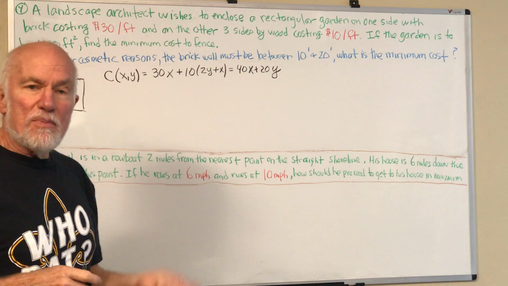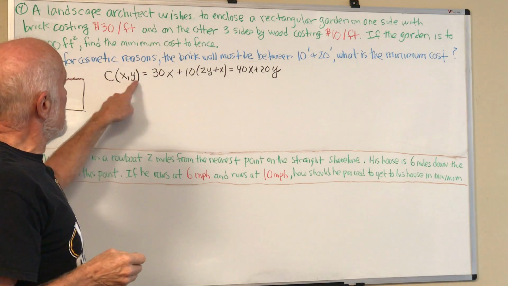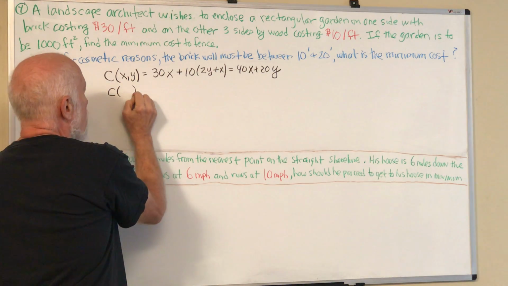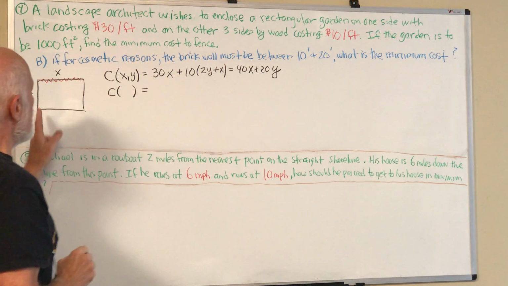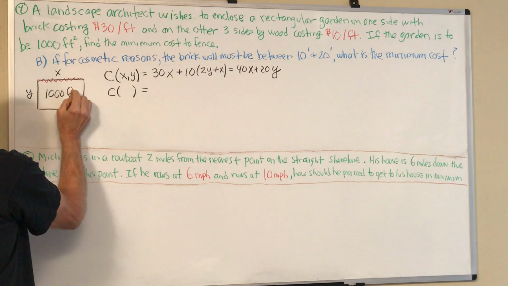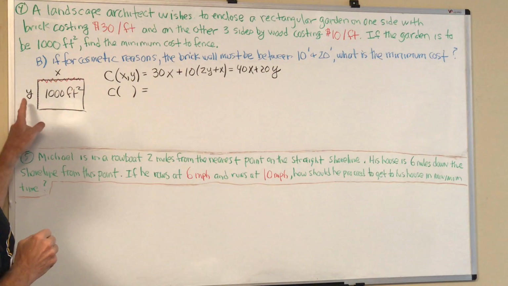Unfortunately, like it's happened before, we've got 2 independent variables. So we have to get it down to just 1. And you can go back to your picture and know that we need 1,000 square feet.